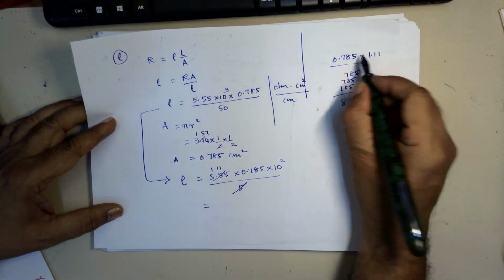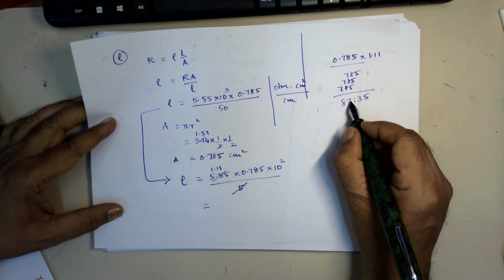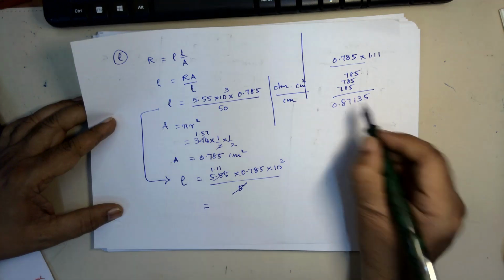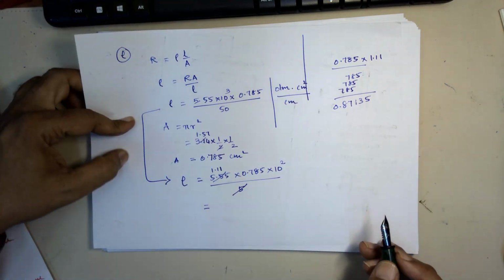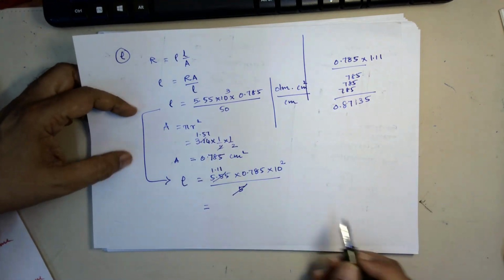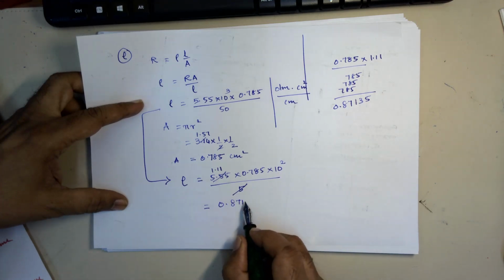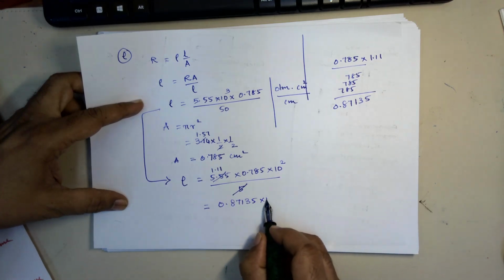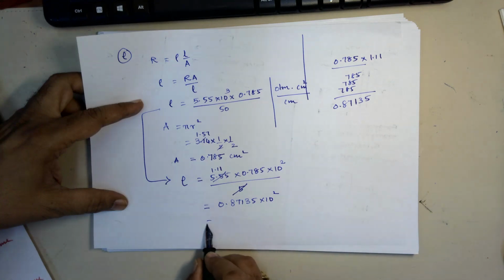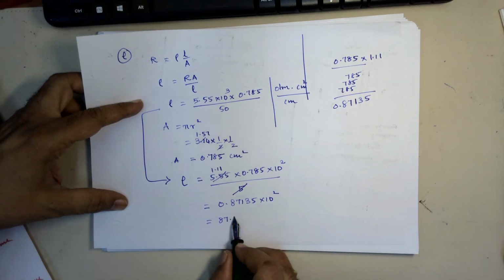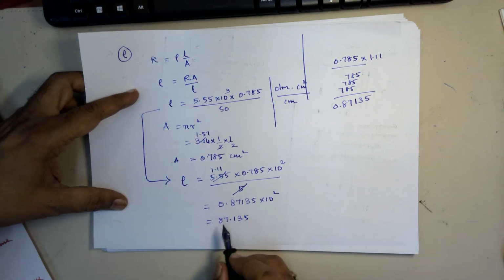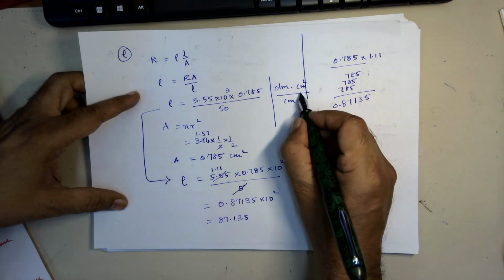So 2 and this is 5. 1, 2, 3, 4, 5. So 0.87135 into 10 square. That means 87.135.